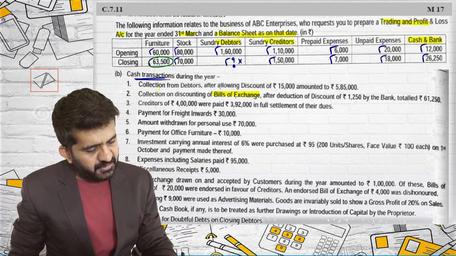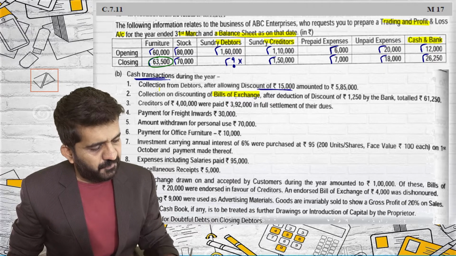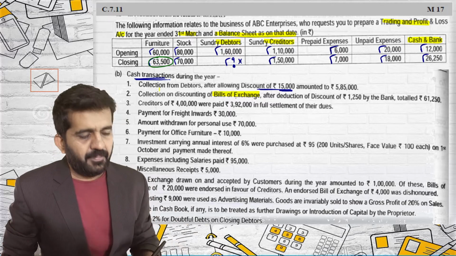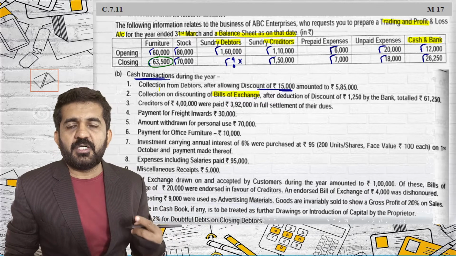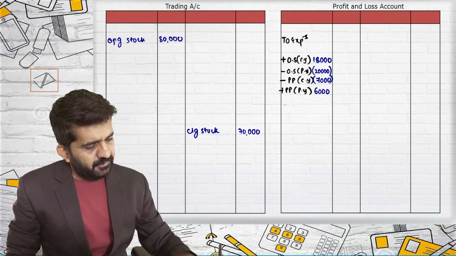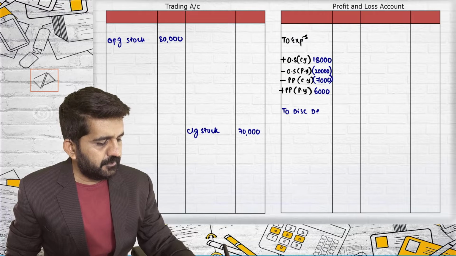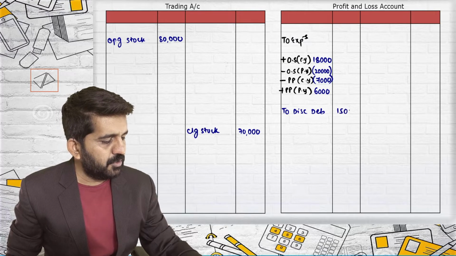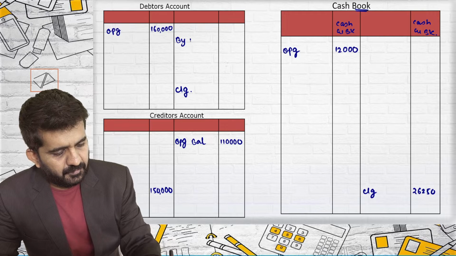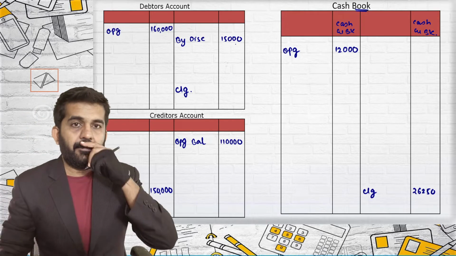Collection from debtors after allowing discount of 15,000 is 5,85,000. Let us first pass the entry for the discount of 15,000. Discount given to debtors is our expenditure. P&L account debit side 15,000, discount to debtors 15,000. Debtors account will be credited by discount 15,000.